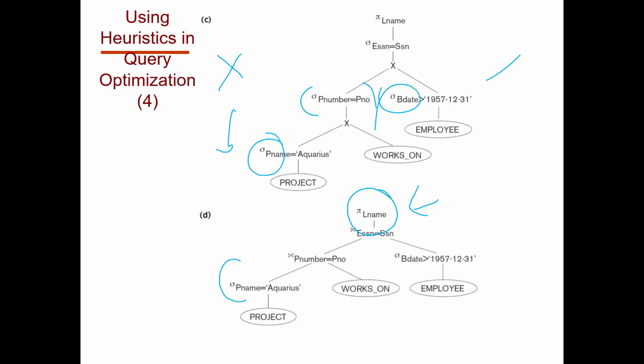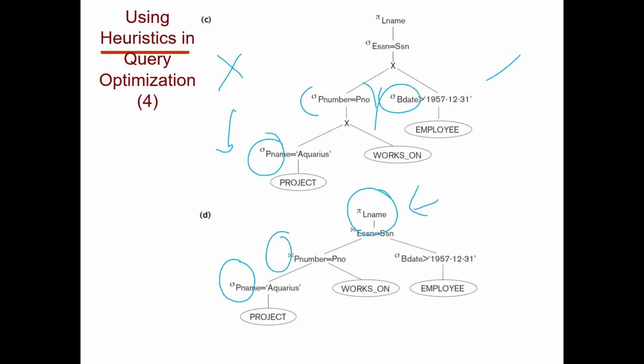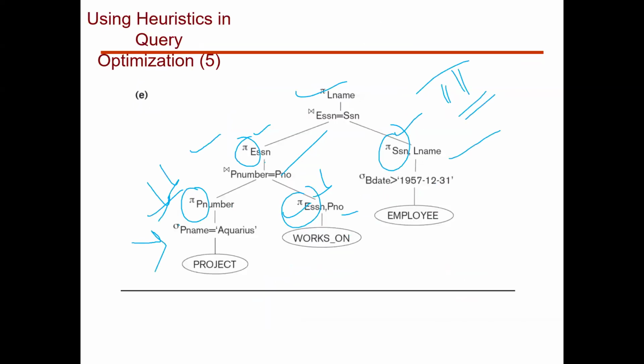In the fourth one, we push down the select and then we perform the join. In the fifth one, we push down the project also. So these are five ways of creating the query trees by using heuristics.